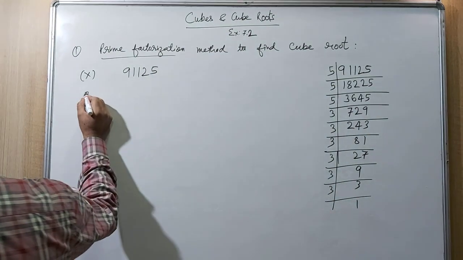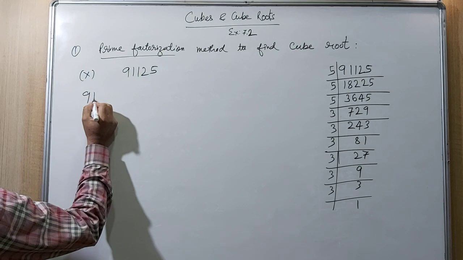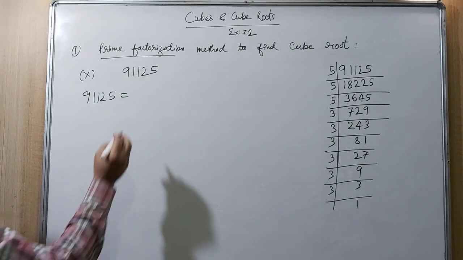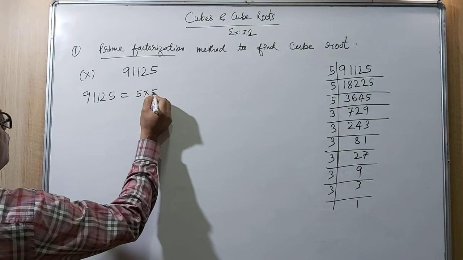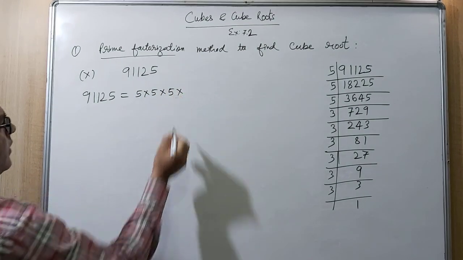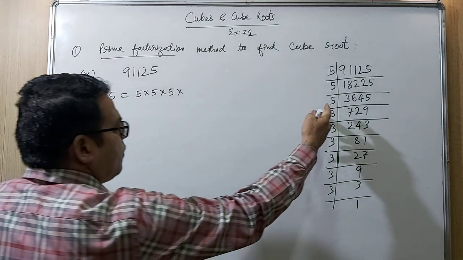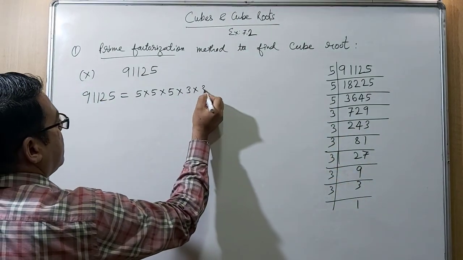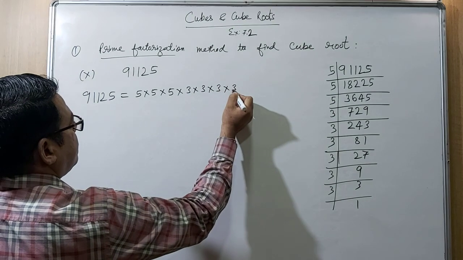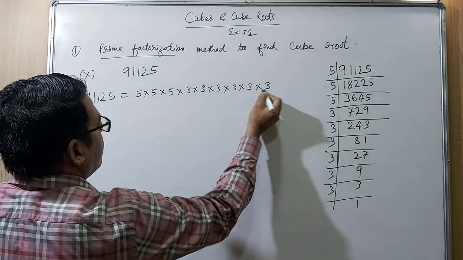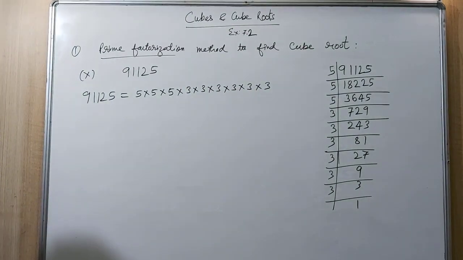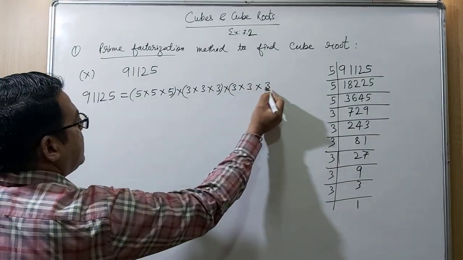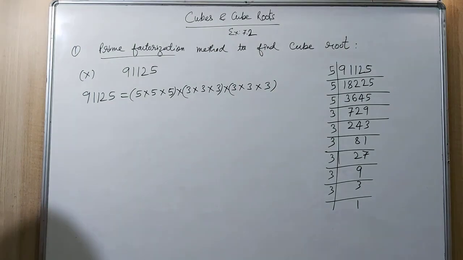So the factors of 91,125 are 5 into 5 into 5, then 3 six times. Now we have to write them in triplets. These are the triplets, groups of three.